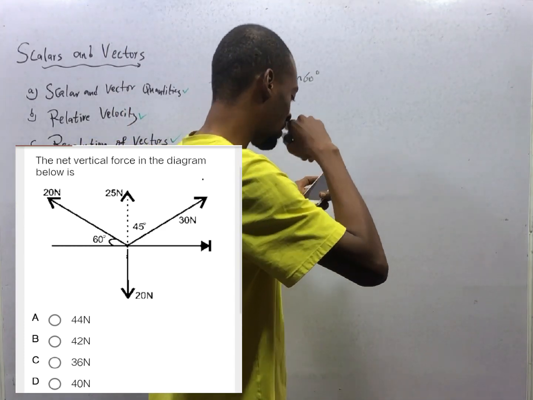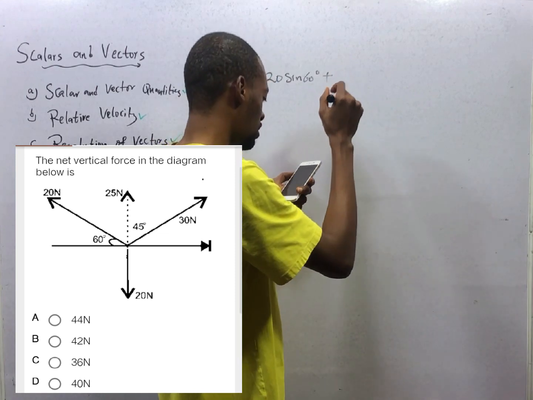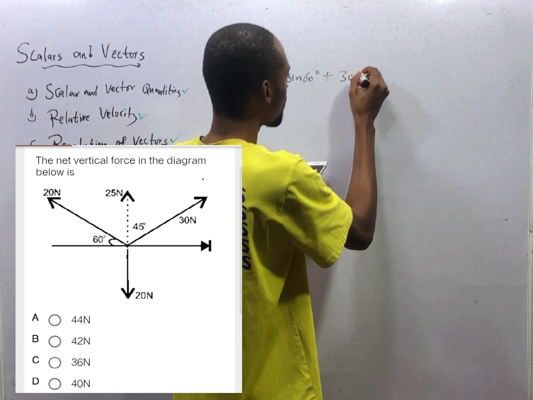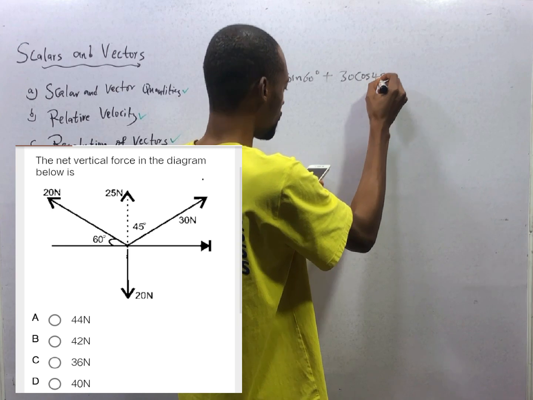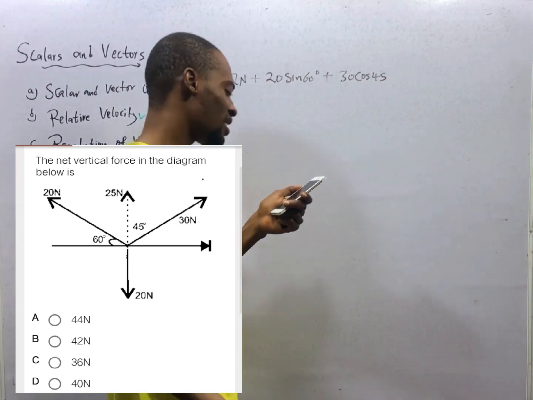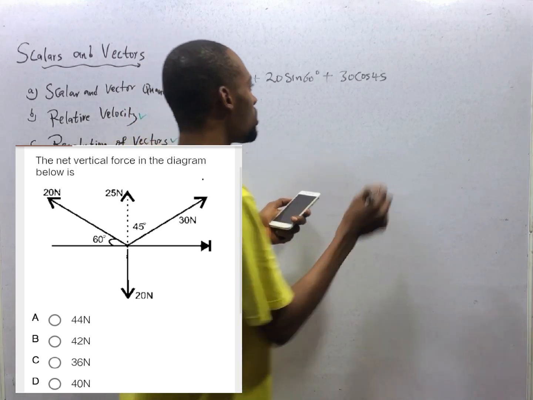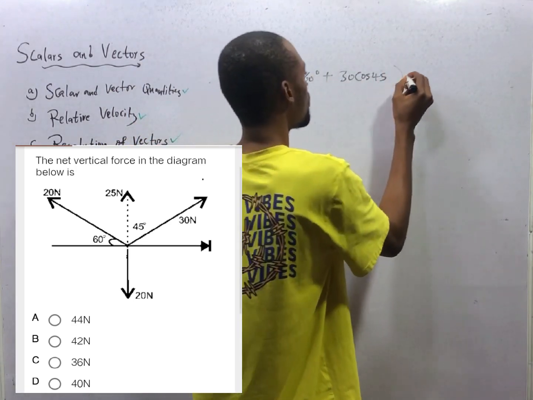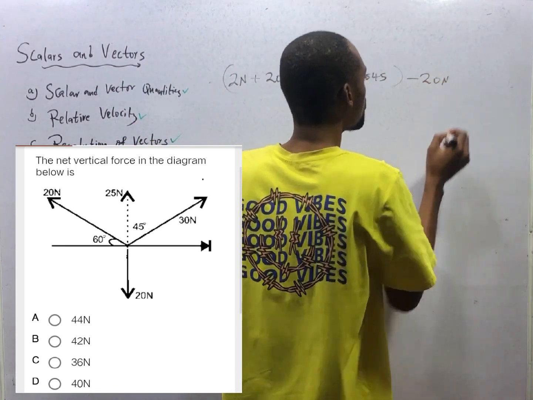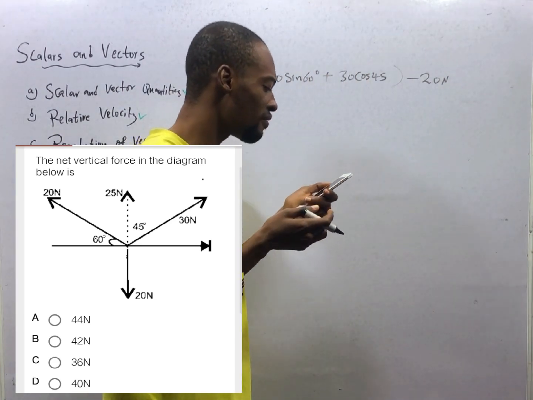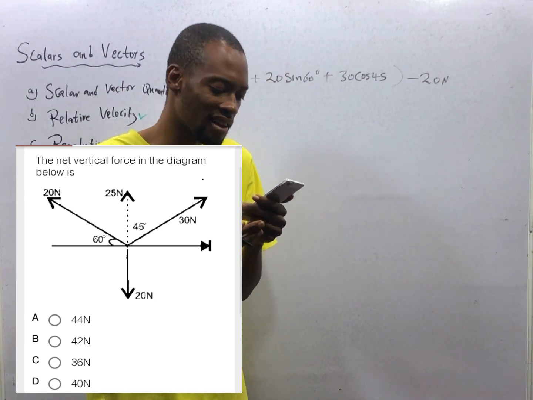So plus 30 cos 45. The 30 Newton is acting towards the vertical. The one that is going opposite is the 20 Newton. So everything here minus 20 newtons. That will give us the net vertical force in the diagram.